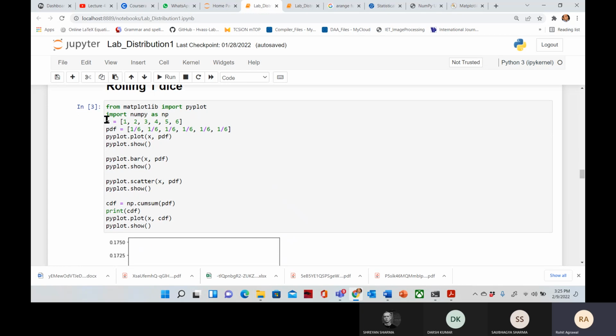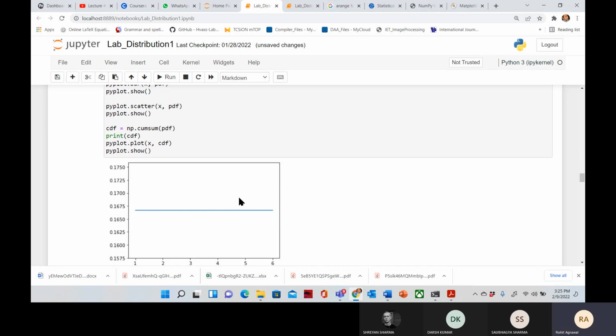X value and the PDF value are from the numerical data this time. They are not derived from any function, just like Gaussian. We will check whether this probability follows any kind of distribution or not. So we will plot this.